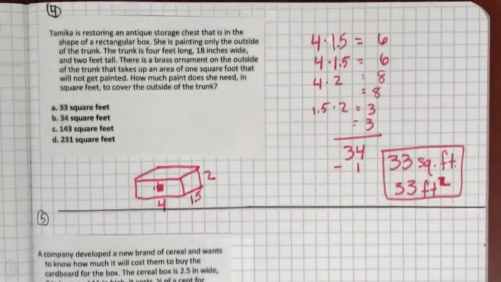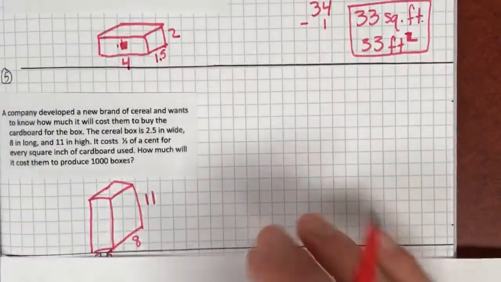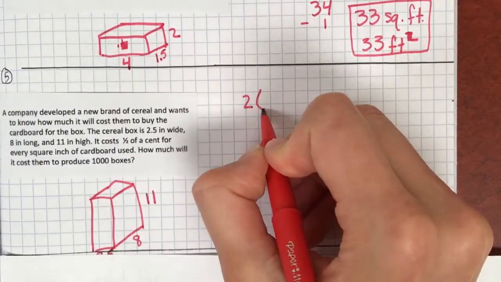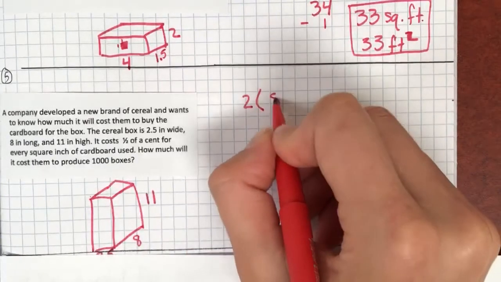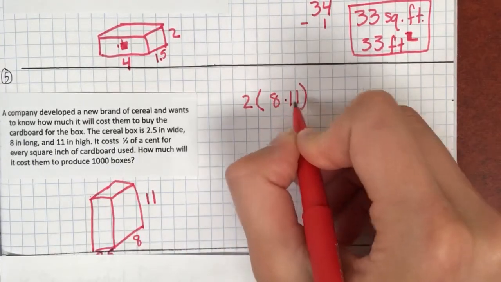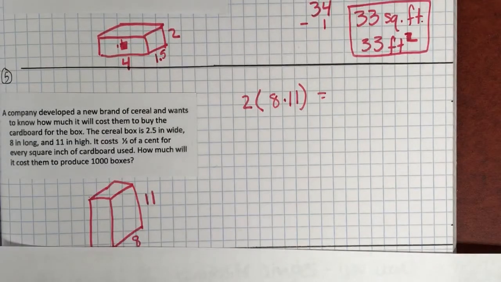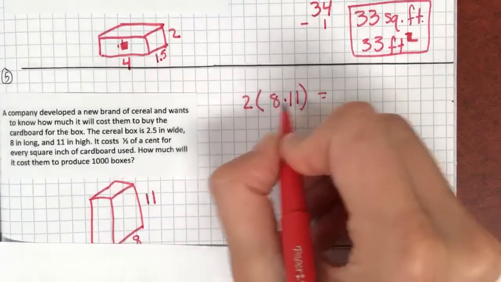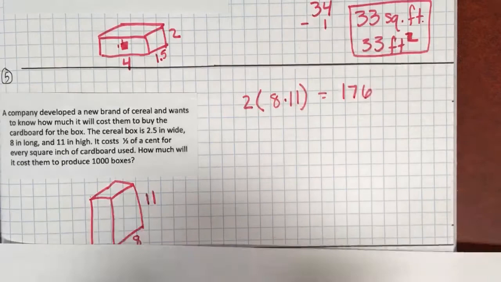Up here, we wrote everything out twice. We're going to say 2 times everything. So this first one, we're going to take 2 times our biggest surface, 8 times 11. Okay, so we'd have 8 times 11 is 88, times 2 is 176.